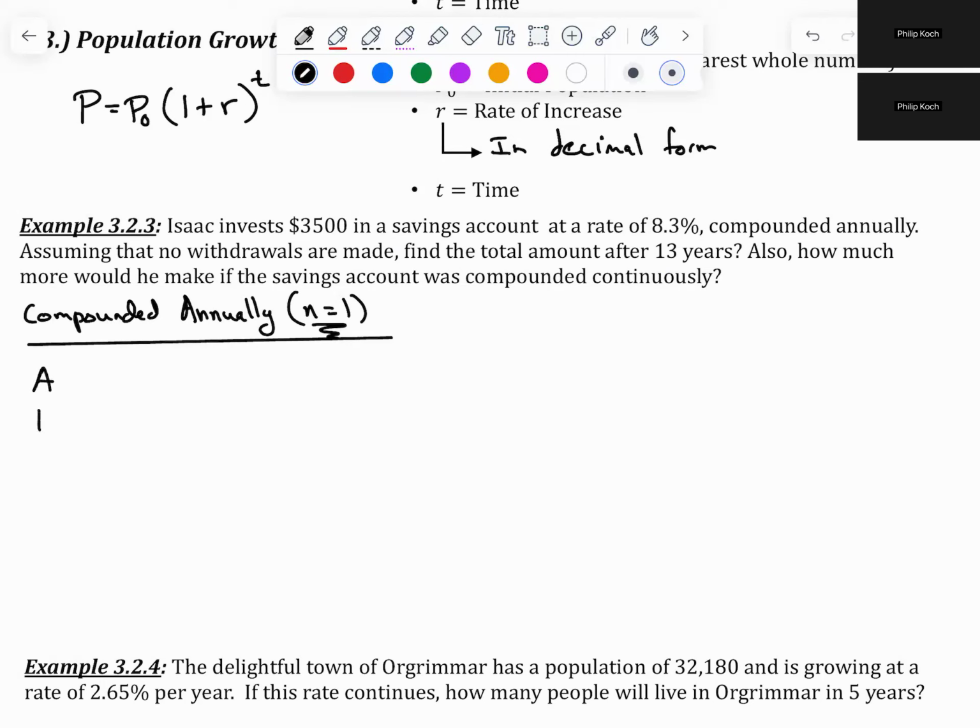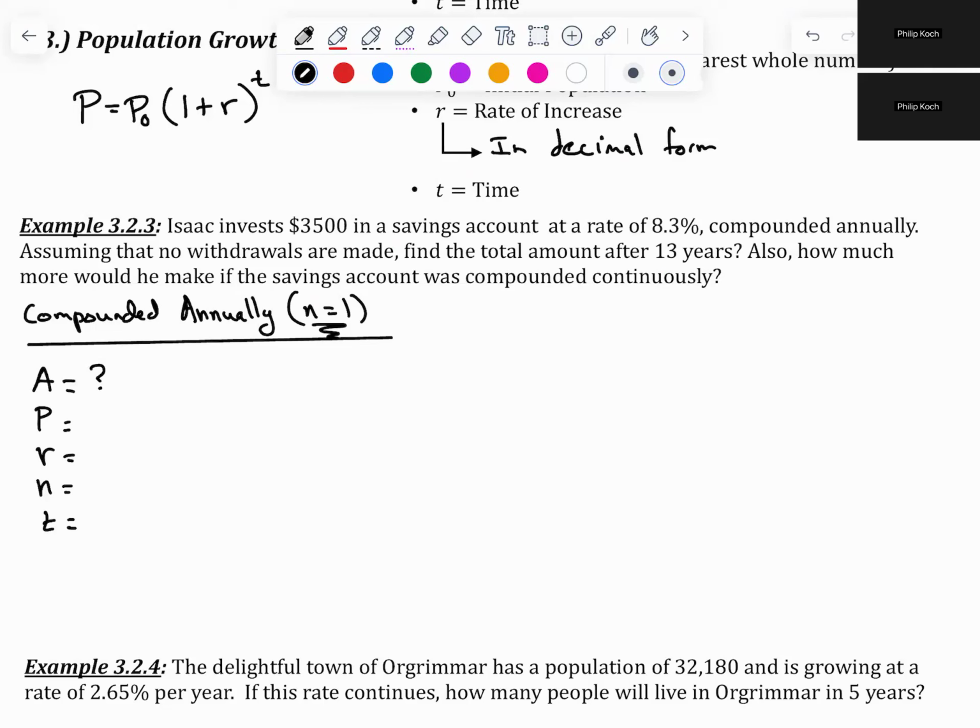We have A, we have P, we have R, we have N, and we have T. So do we have A, which is the future or the total amount? Nope, that's what we're trying to find. It says how much will be in the account after 13 years? So A is unknown.